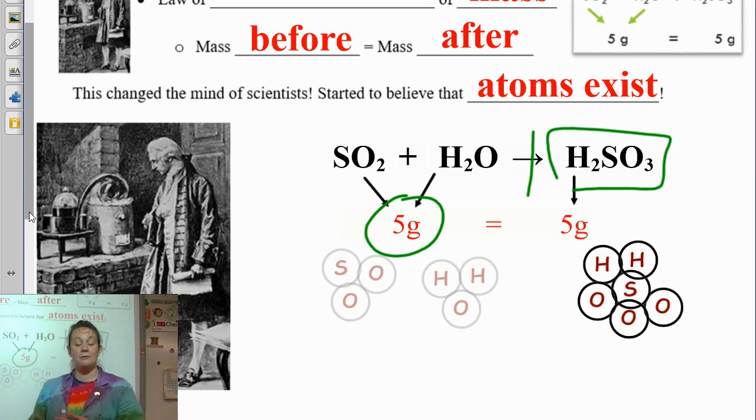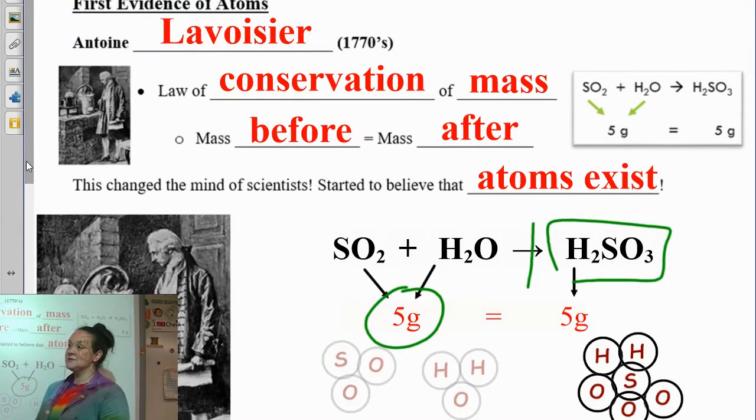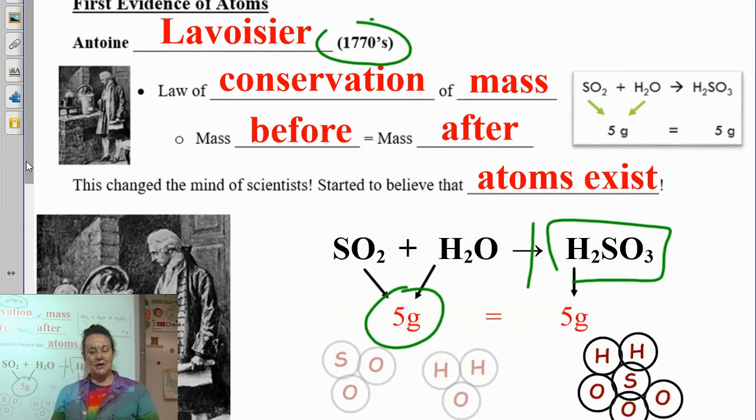He probably would have made very great strides in his scientific career, except that on the side, he worked as a tax collector for the government. And if you know anything about this time in French history, as he was obviously getting older, it was not a good time to be a part of the government in France.